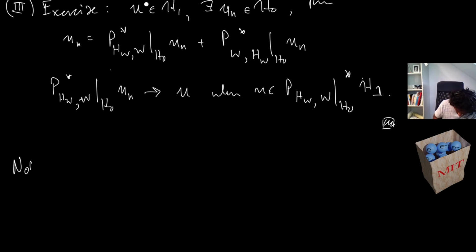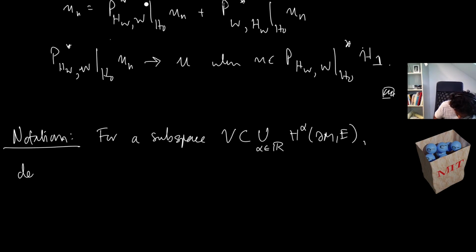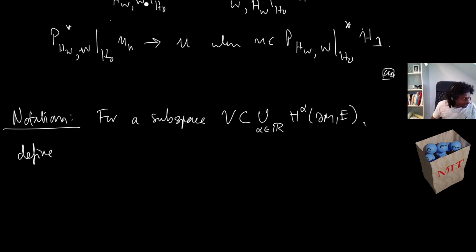Okay, so notation, just to make things easier. For a subspace, say V, sitting in H alpha, it's a very large space, we define the following spaces.